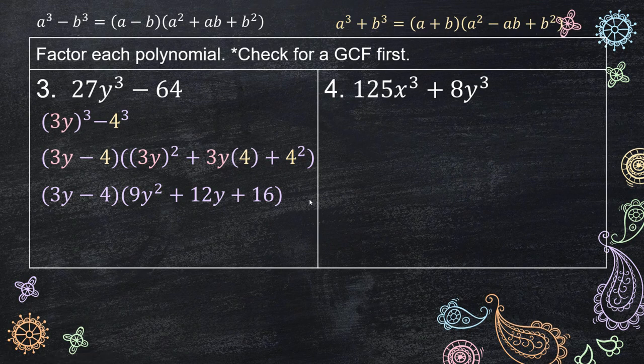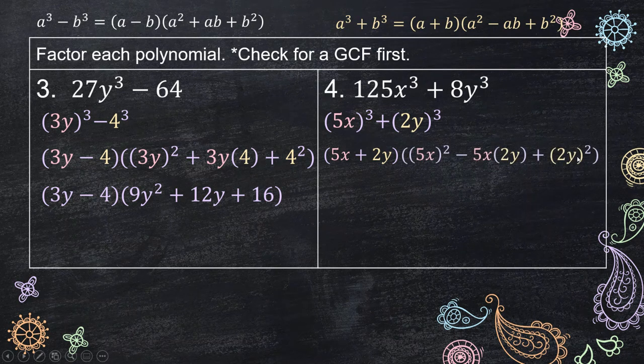Number 4, we've got 125x cubed plus 8y cubed. We can write that as the sum of cubes. We have (5x) cubed plus (2y) cubed. So our first factor will be 5x plus 2y. I'm following this formula up here. I'm replacing a with 5x, and I'm replacing b with 2y.